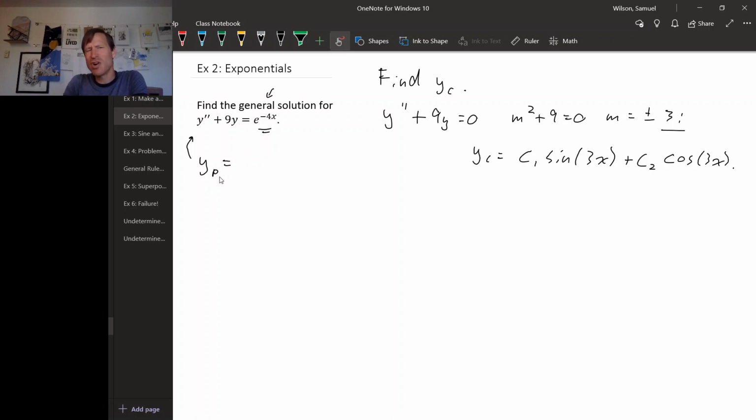What sort of function has an exponential as its derivative? Well, exponentials. So we need an exponential, probably with an undetermined coefficient. Probably we need e to some power here. Seems like there should be an x. But what coefficient should be in here? Is that undetermined?